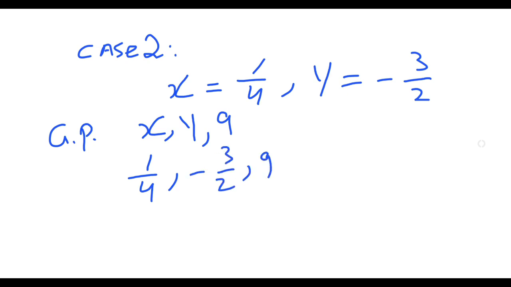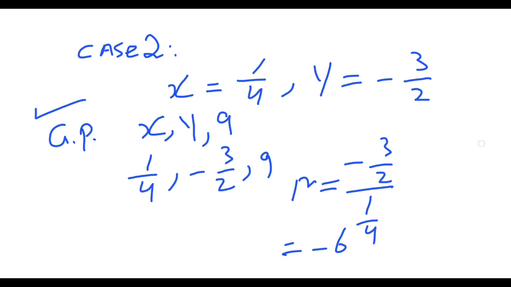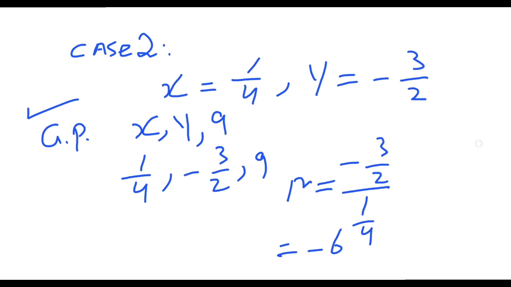And obviously the common ratio will be negative 3/2 divided by 1/4. So the answer will be negative 6. So there are 2 possible solutions. Case 1 I already showed you, and for case 2 the arithmetic progression I showed you, and this is the geometric progression. This is my final answer.